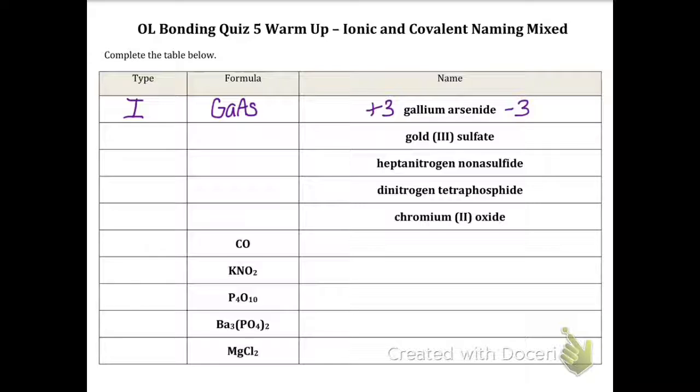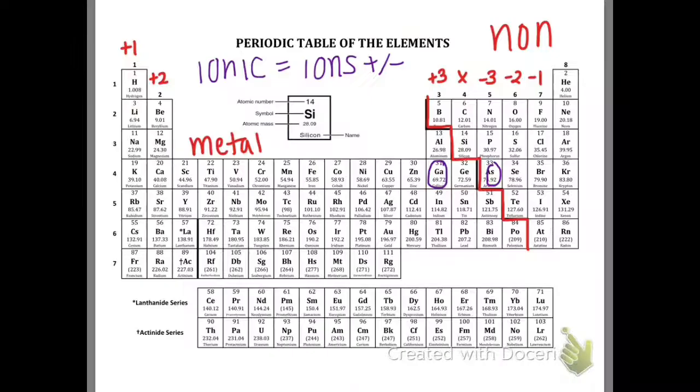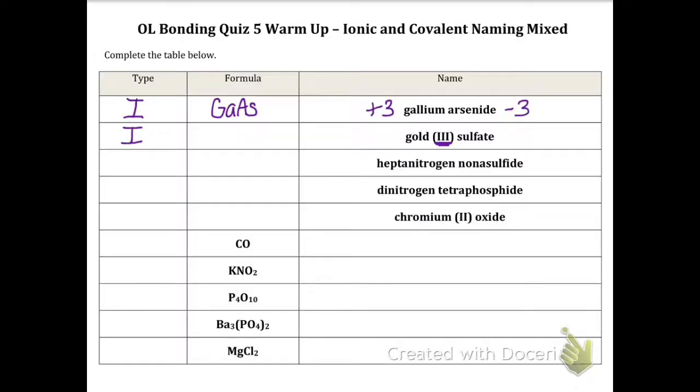Next, we have gold 3 sulfate. Now, we automatically know that this is ionic because there's actually 3 ways here. One, there's no prefixes, so it's ionic. When there's a Roman numeral, we automatically know it's ionic. And we can also check next door here, gold is a metal, which makes that ionic as well.